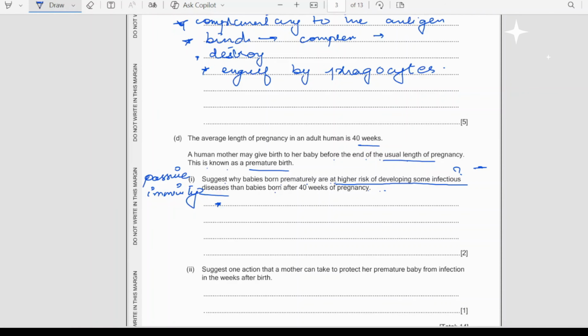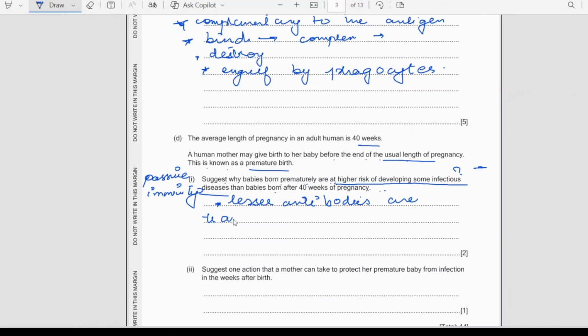How do you say immature? Immature. Rephrase this: not well developed. Good. And how do they need to develop the immune system? Fewer antibodies are transferred from the mother through the placenta.